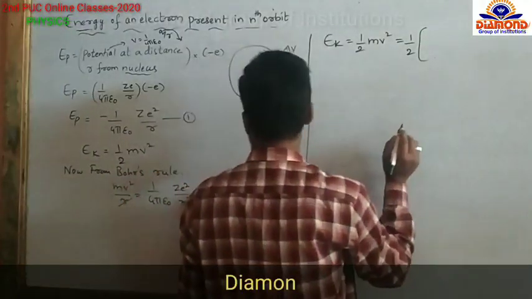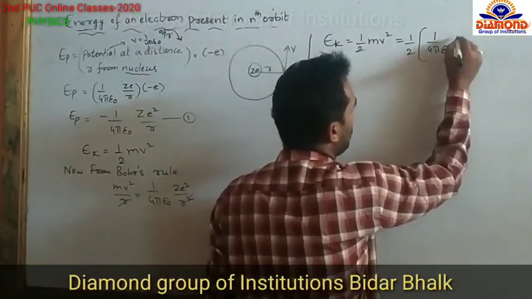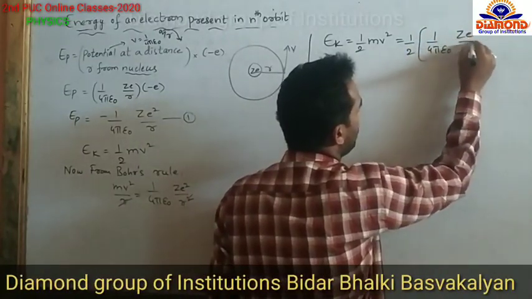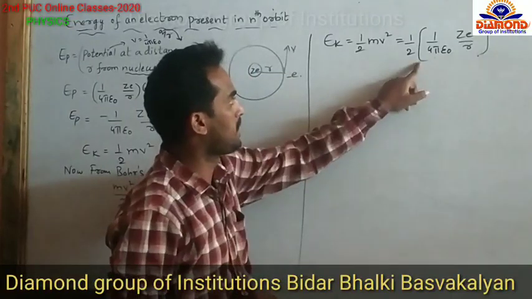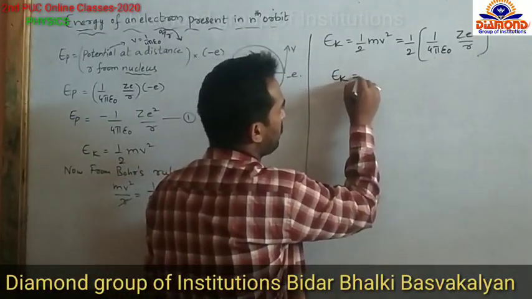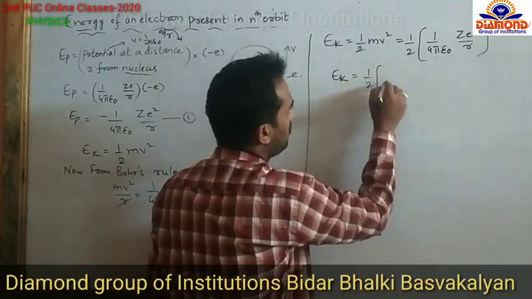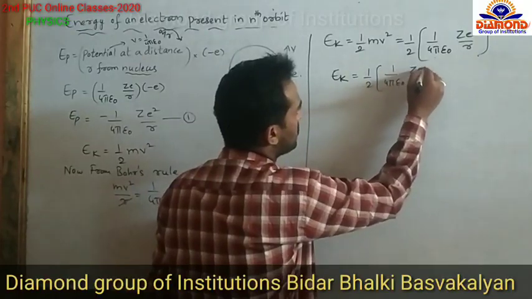So 1 by 2 as it is, 1 by 4 pi epsilon naught Ze square divided by r. So this is which energy? Kinetic energy. You can write here Ek equal to 1 by 2, 1 by 4 pi epsilon naught Ze square by r.